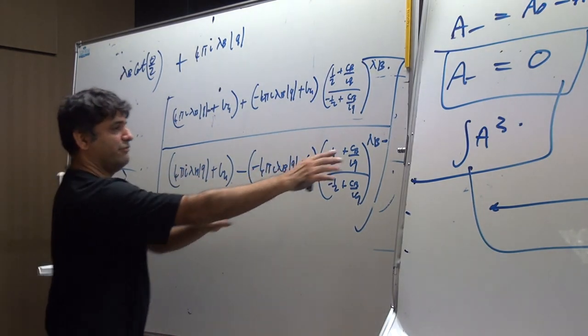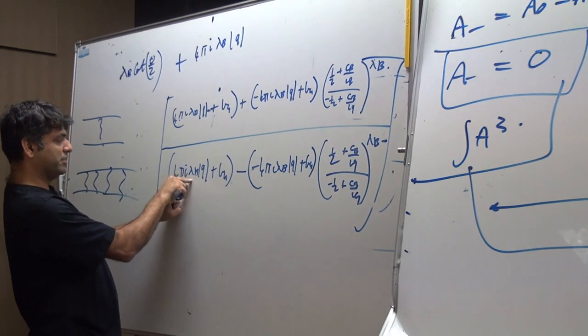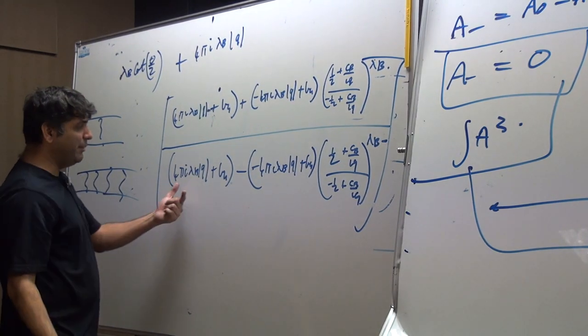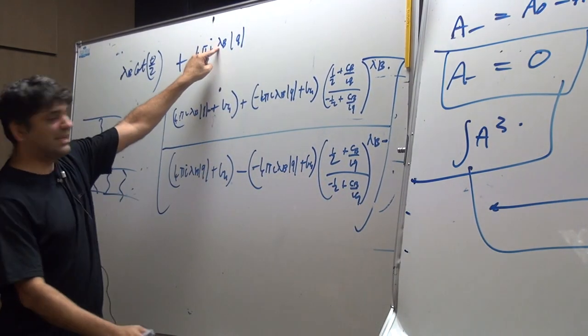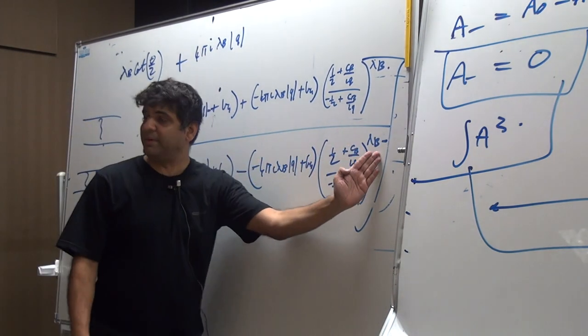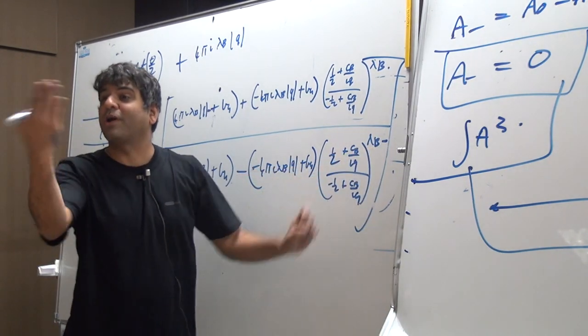You see, if lambda b is 0, this term is 1. This minus this is 0 if you ignore this term. But this term should be ignored because lambda b is 0. So the denominator is order lambda b. The numerator is order lambda b. So you have to expand the numerator to first order in lambda b, and the denominator to first order in lambda b. Expanding this gives you a logarithm.